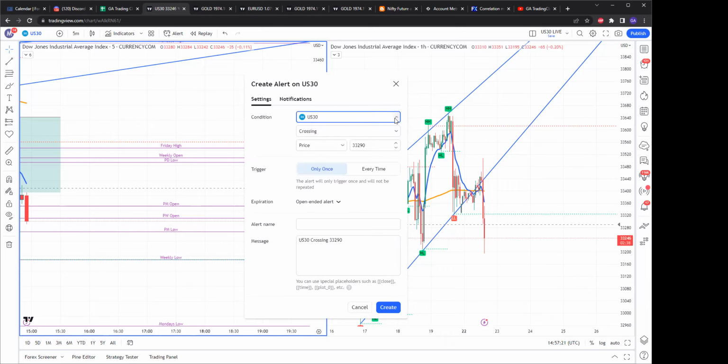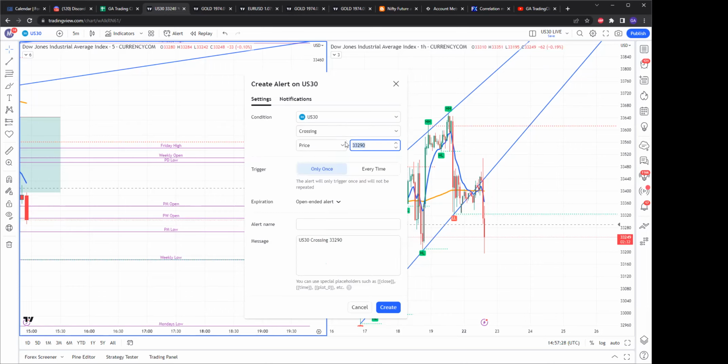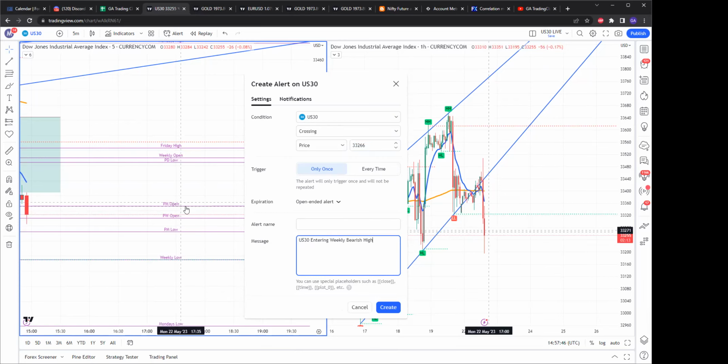You do US 30, and then you do crossing price 33,266. You configure that only once, and then here you can do US 30 entering weekly bearish high. So we're just assuming that one was a bearish high.